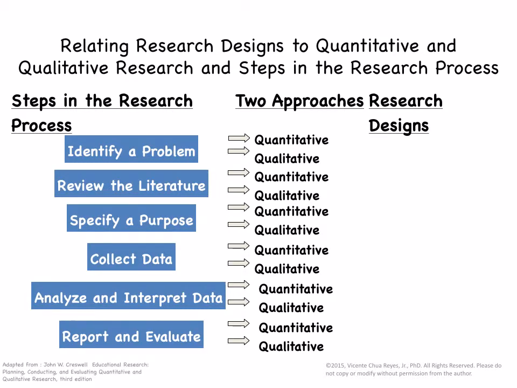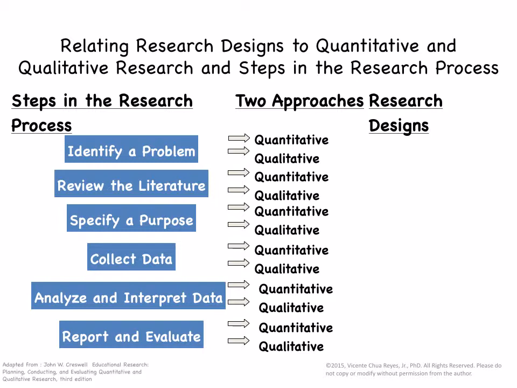Relating research designs to quantitative and qualitative research and the steps in the research process. In this particular graphic, we see three columns. The first one represents the steps in the research process from the identification of a problem all the way to reporting and evaluation.